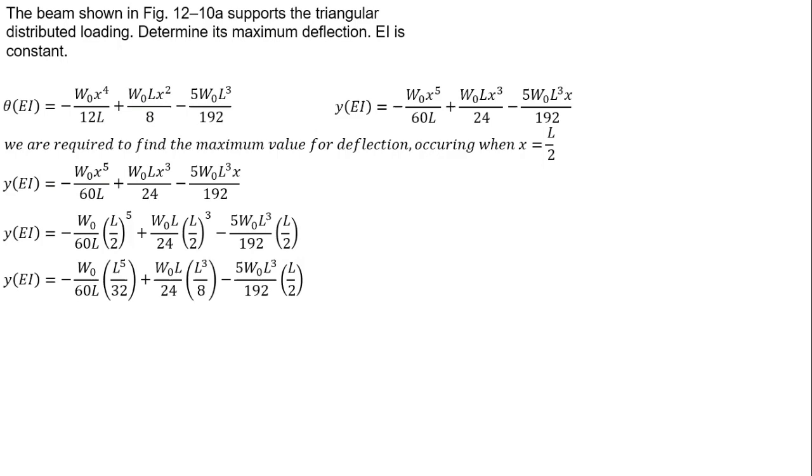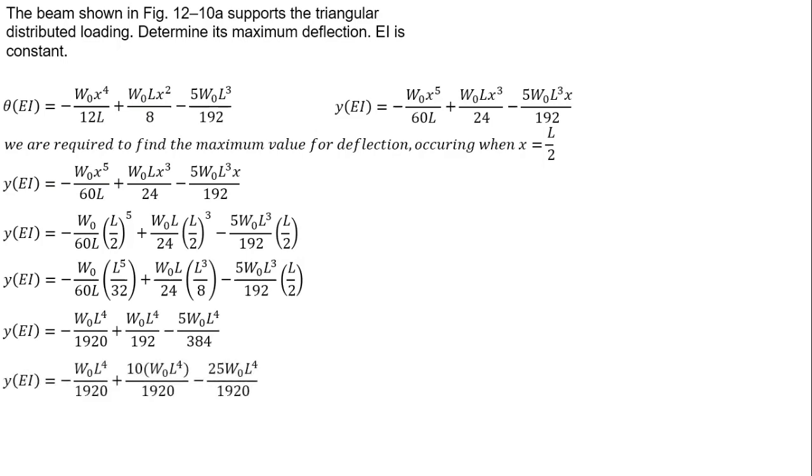times L over 2. So simplifying again, so y times EI is equals to negative W0 L to the fourth divided by 1920 plus W0 L to the fourth divided by 192 minus 5 W0 L to the fourth power divided by 384. So kunin natin yung LCD nila na 1920.